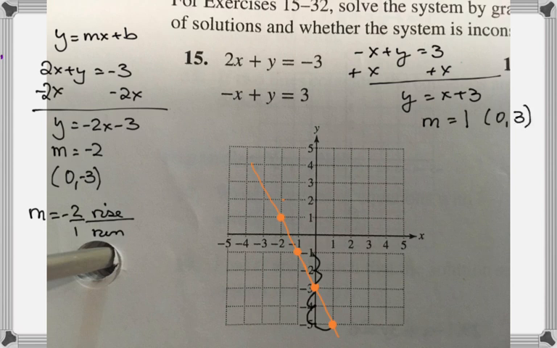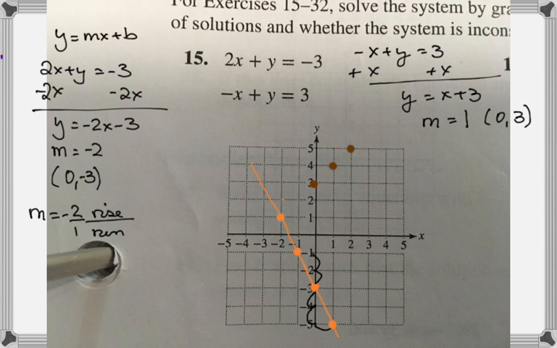You can already see from comparing the slopes. What do we know from chapter 2? If the slopes are the same, the lines would be parallel. So these lines are not parallel. If they are opposite reciprocal, they would be perpendicular. Let's see what's going on here. We have a 0, 3 y-intercept, and we have a slope of 1 over 1.